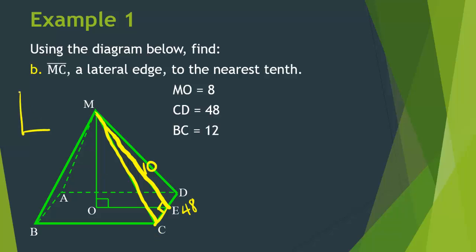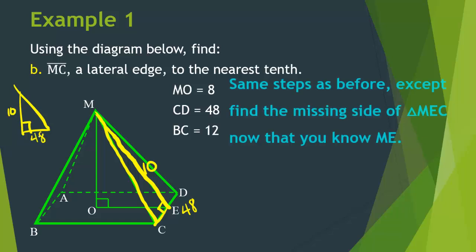And if you were to pull just that part out, we have 10 and 48 there. So we follow the same steps as before. So we need to find the missing side of triangle MEC, now that we know ME.